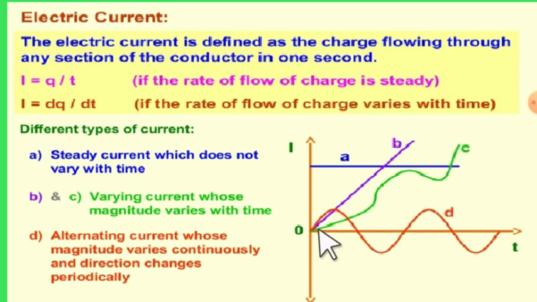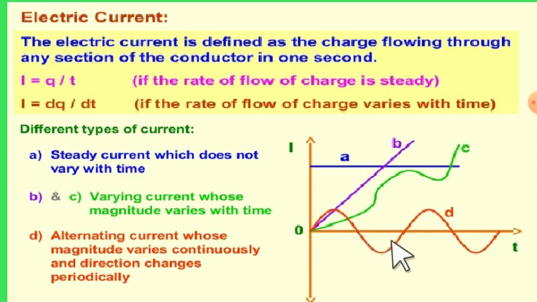As the magnitude of the current changes with time, graph C will also come under varying current, that means current whose magnitude varies with time. Number D is a special type of varying current, and we call it alternating current. Why? Because in this type of current, the magnitude keeps on changing continuously, and periodically it reverses its direction.